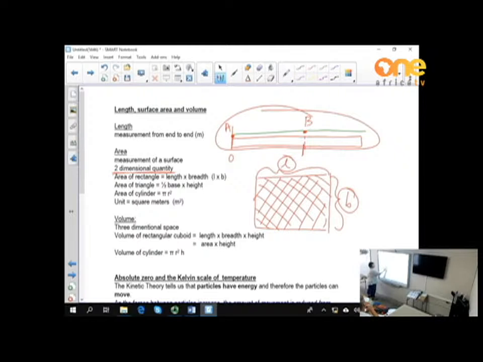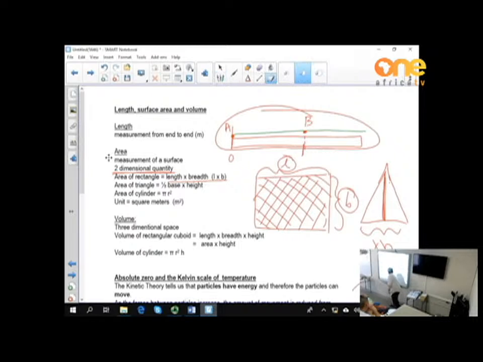The area of a rectangle then, length times breadth. Slightly more difficult, the area of a triangle is going to be half of the base times the perpendicular height. So if the triangle looks something like that, let me just redraw that. Then that is the base.